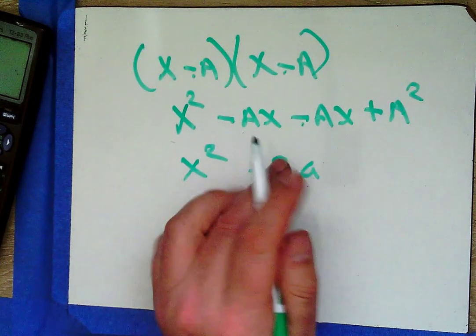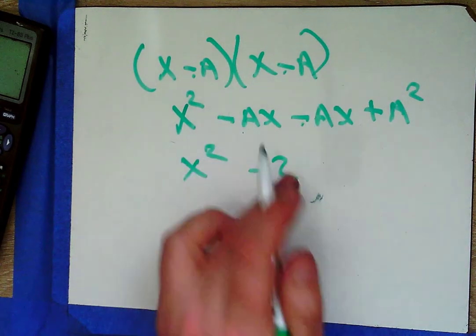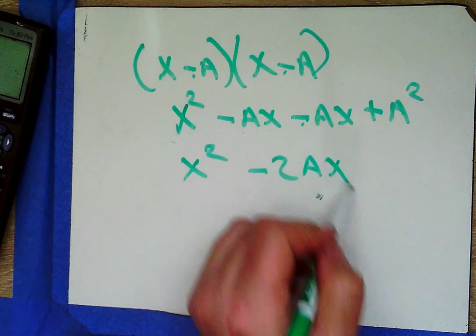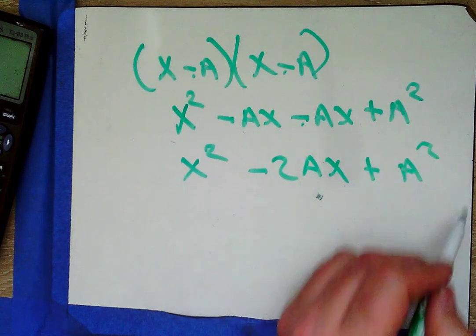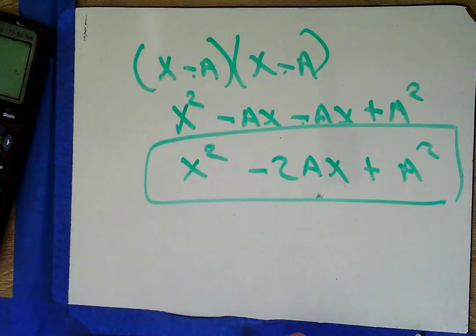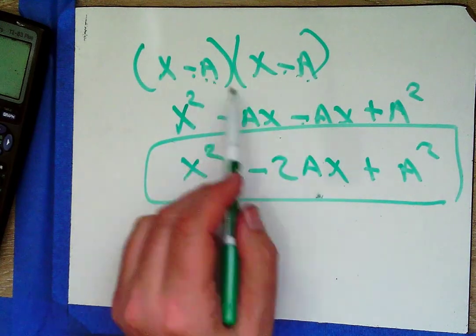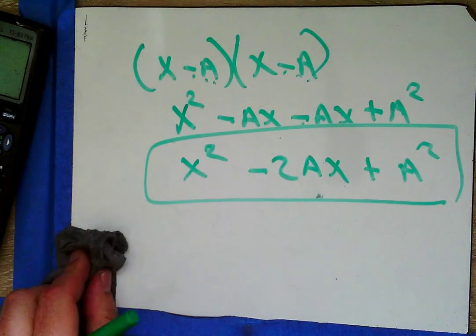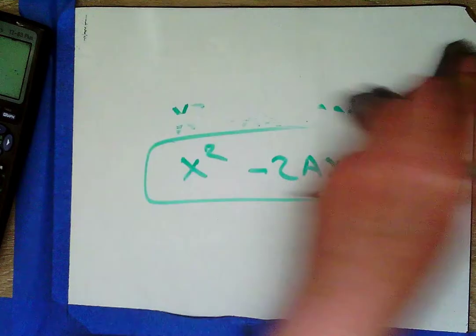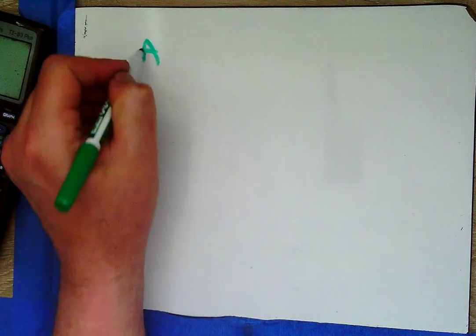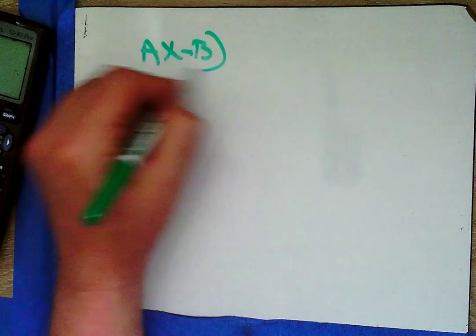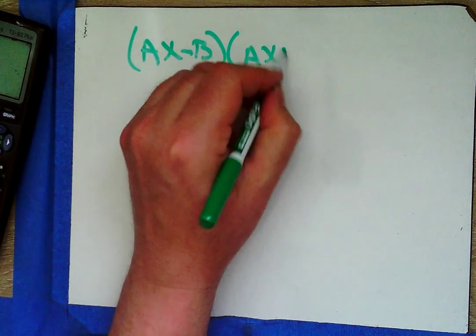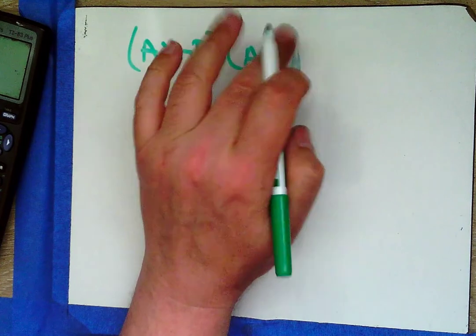One of them minus one of them is minus 2 of them, plus a squared. That's my answer. So don't be scared if this isn't a number. Just do your regular FOILing. All right. So what about this situation? ax minus b, ax plus b.